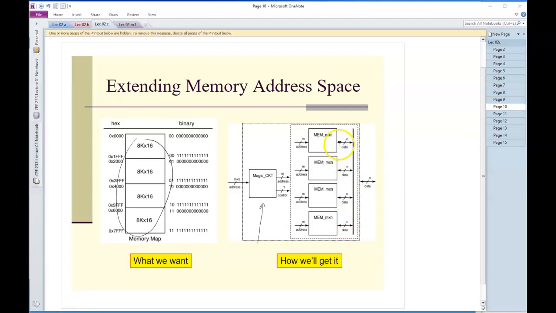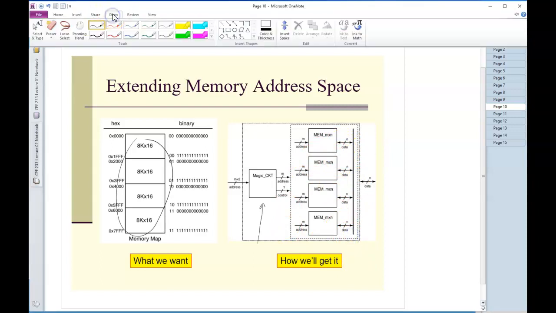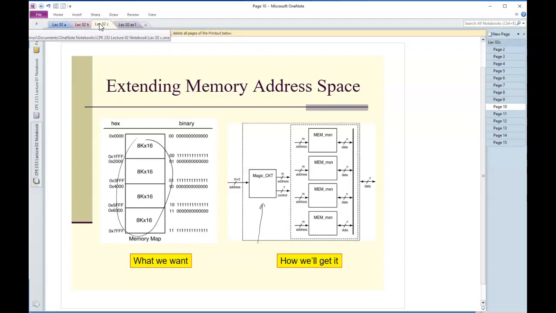So the idea here is these four memories are going to be sharing this output, one 8-bit output. So this circuit here has to make sure only one of these memories at a time is driving its data onto this shared resource here.